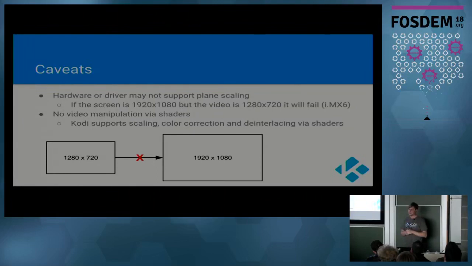And then the other thing is when putting a frame into the plane directly, we can't use GL shaders, which are a big part of Kodi, for things like scaling, color correction and deinterlacing. I think V4L2 and RKMPP both support deinterlacing.